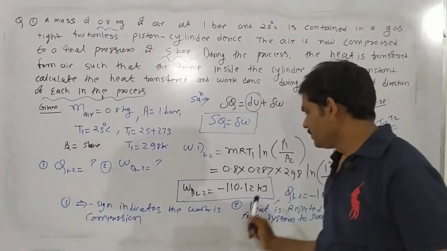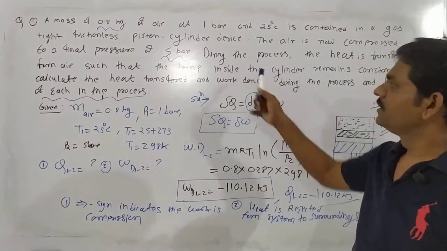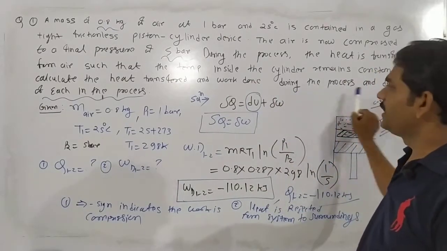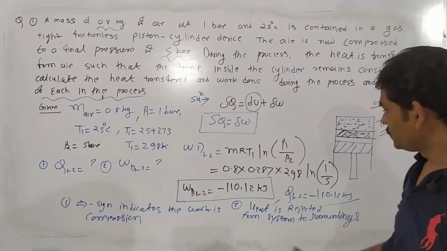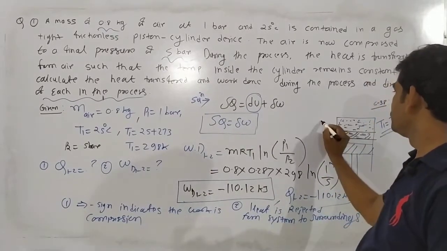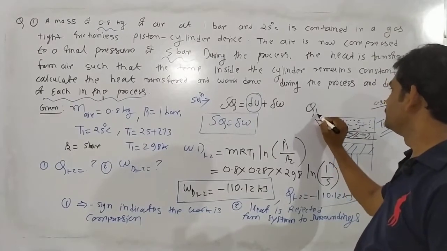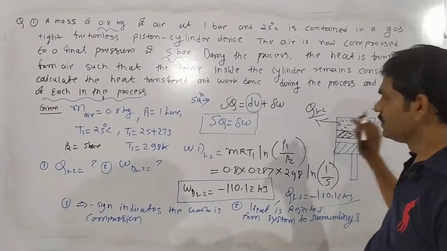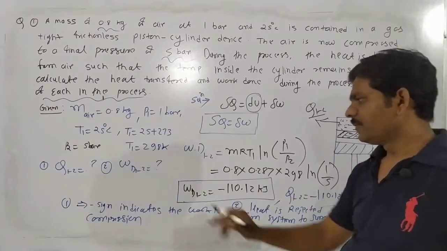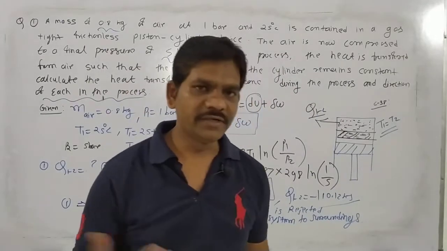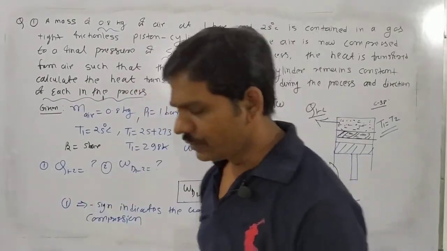This is the final conclusion of this problem, because it asks for the direction of each in the process. Heat is rejected from the system into the surroundings and work is done on the system, so it is a compression work. Okay boys, so let's discuss the next problem, number 2, now.